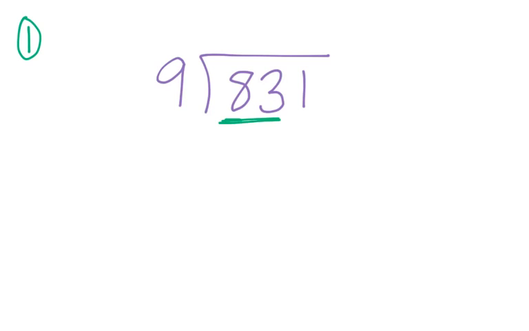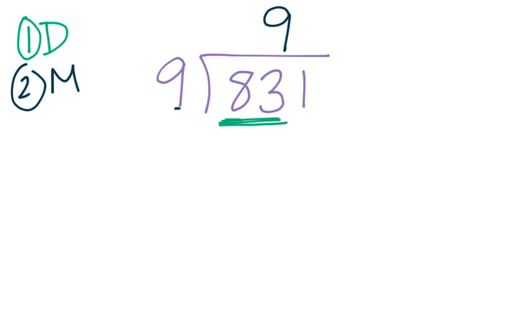That's step number 1. How many times does 9 go into 83? Or 83 divided by 9. 9 goes into 83 9 times. Step number 2 is to multiply. 9, my divisor, times 9, the number I just put on top. 9 times 9 is 81.